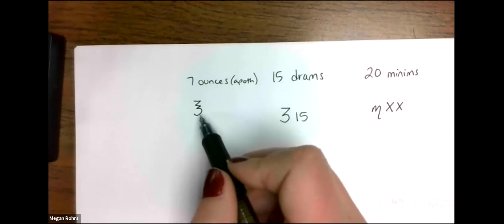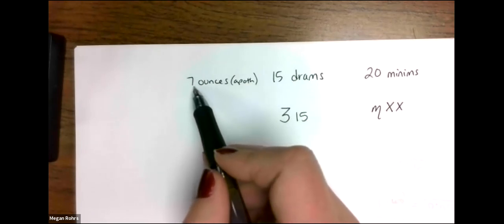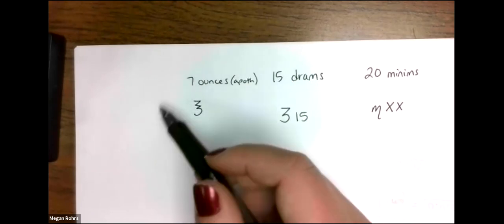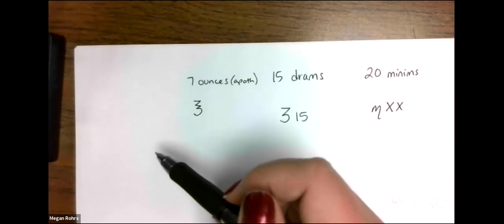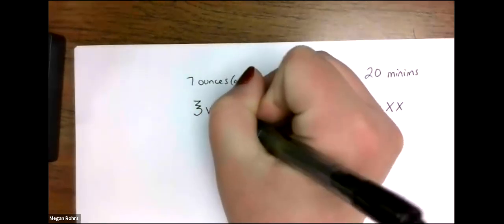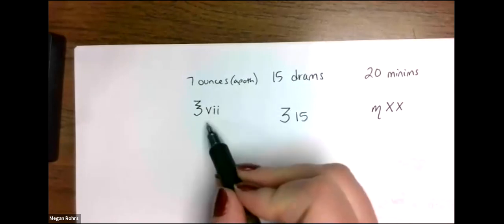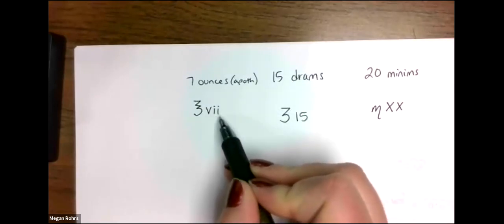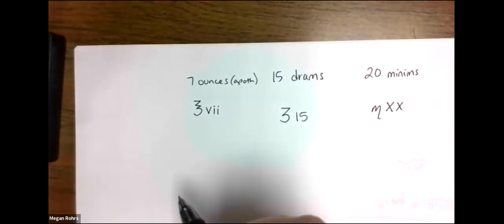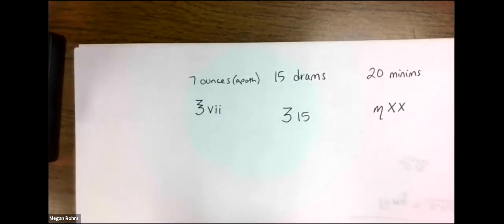So there's my ounces symbol. Now 7 is less than 10, so I'm going to write that in Roman numerals. VII. So 5, 6, 7. If you're still struggling with Roman numerals, go back and take a look at chapter 3 for that.